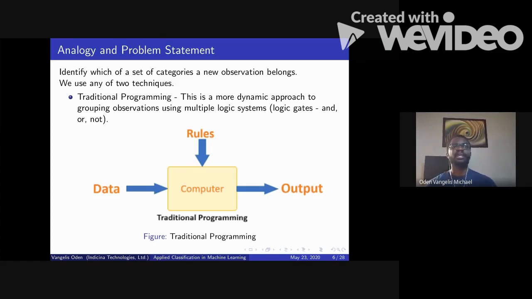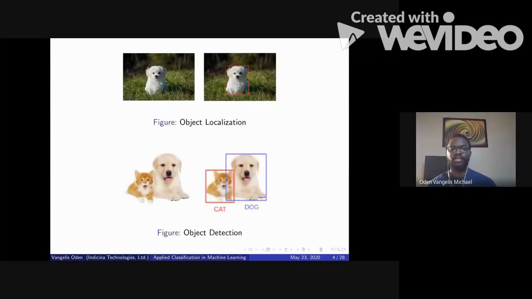So I could say, I'll just go back a bit to this slide. So I could say, if the eyes are slant, if the nose is small, if the ears are pointed up, then it's a cat. If the snout is longer, if the tongue is longer, if the eyes are less flat, and the ears can fall and rise, then it's a dog.